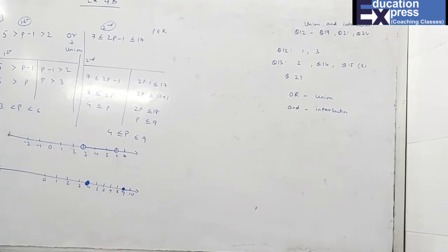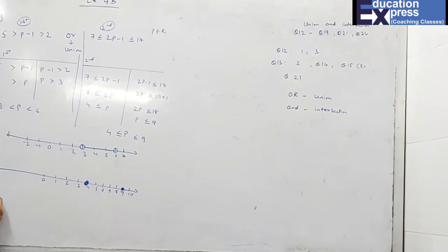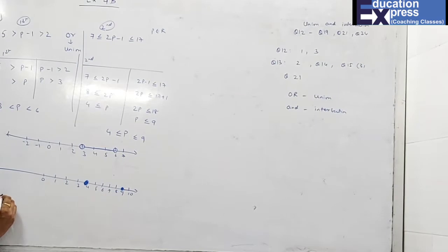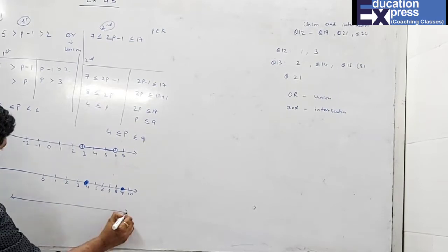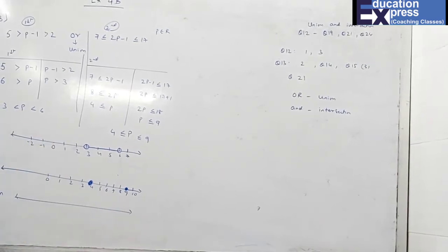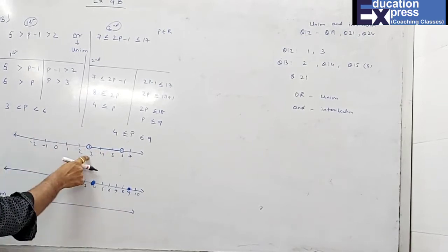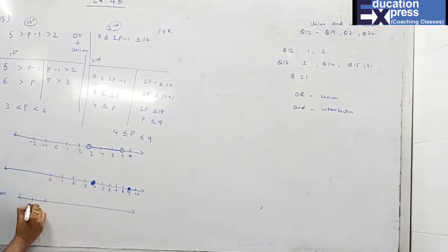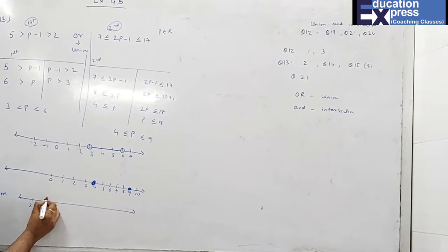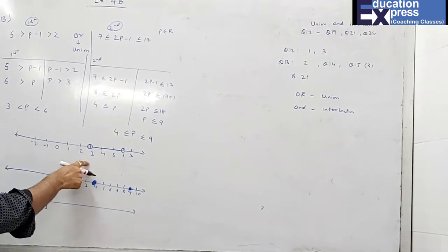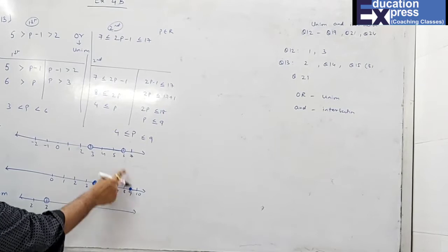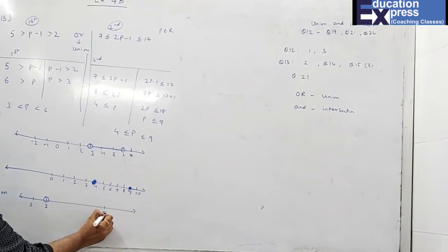So students, over here again they asked me for the union part. The union part I have told you, maximum left and maximum right. So maximum left, what is there? 3 or 4? Obviously left. Maximum left will be 3, which is not including, and maximum right will be 6 or 9, 9, which is including.